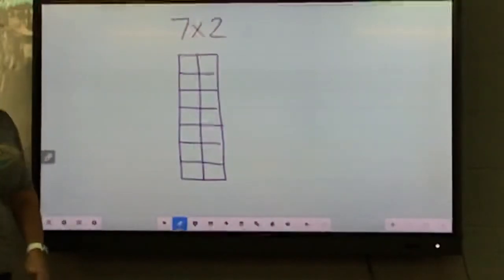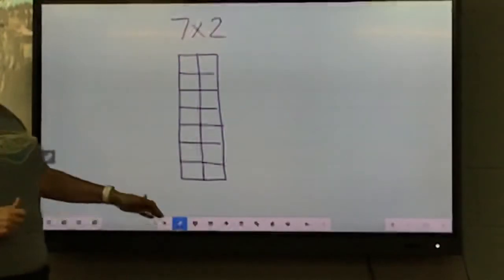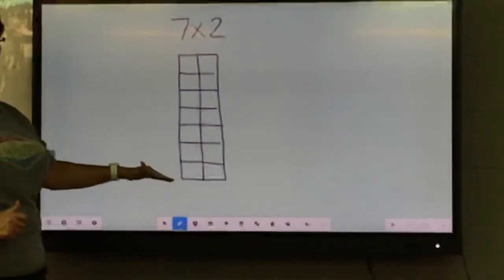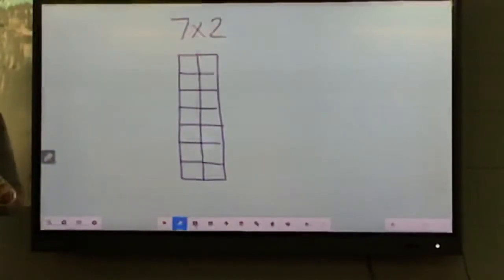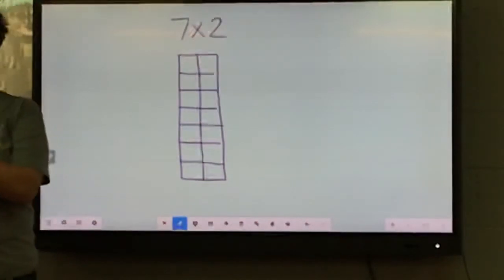Okay, does your array look like mine? Yes. It should, because you have 7 rows. How many in each row? 2 in each row. So what is our repeated addition?